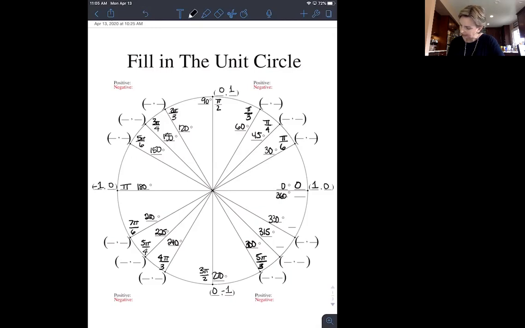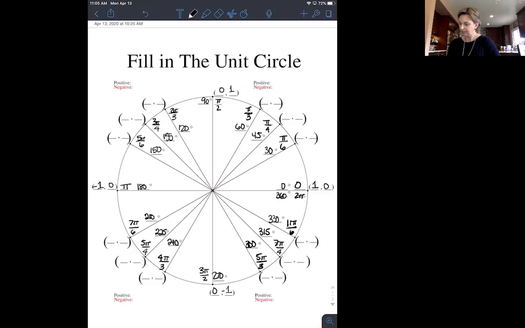And we get 7 pi over 4, that's a 7. Okay, and then 330 ends up being 11 pi over 6. Again, we've done these in a previous video, just converting degrees to radians. And 360 degrees is 2 pi.